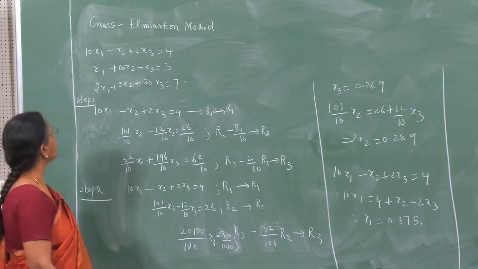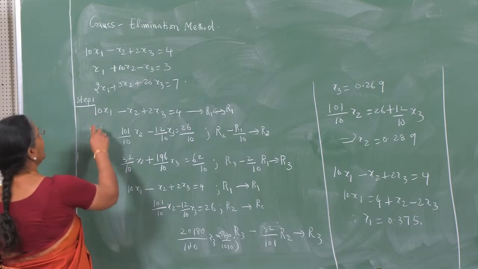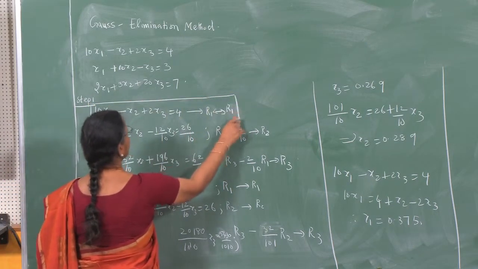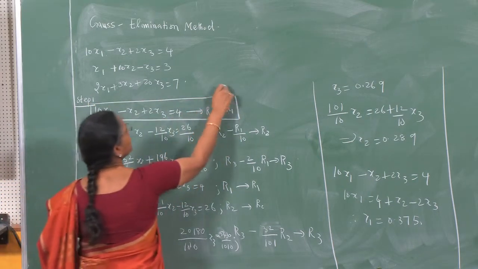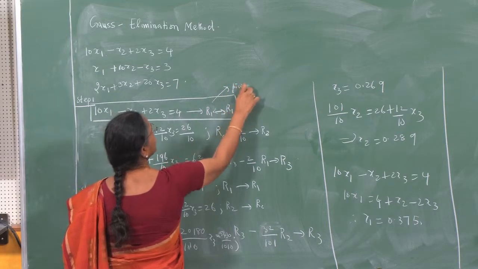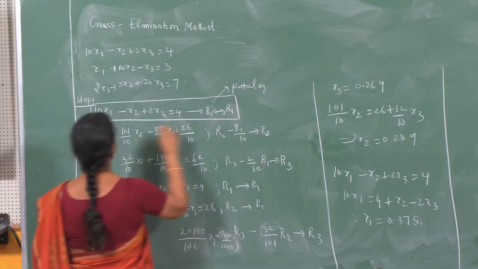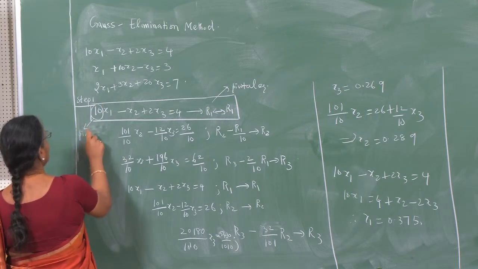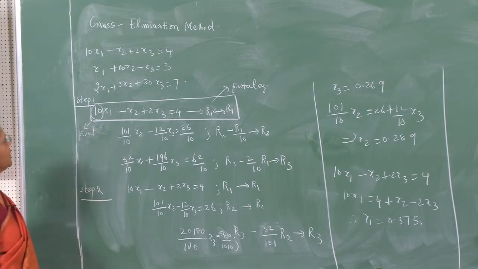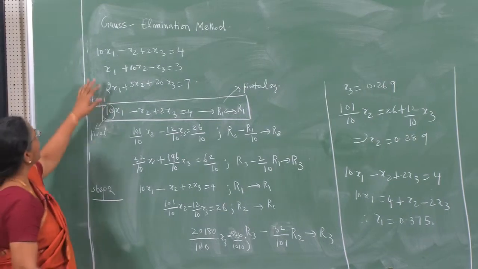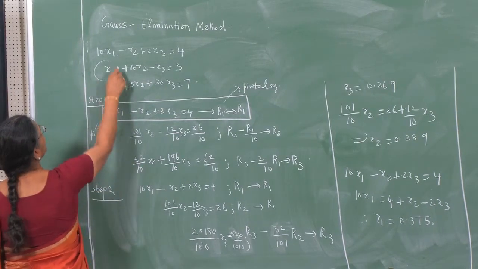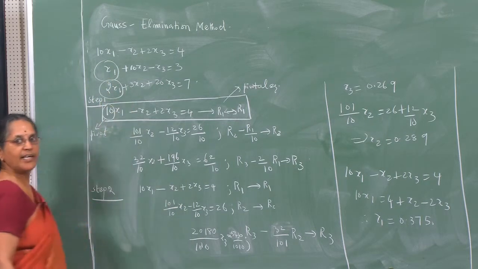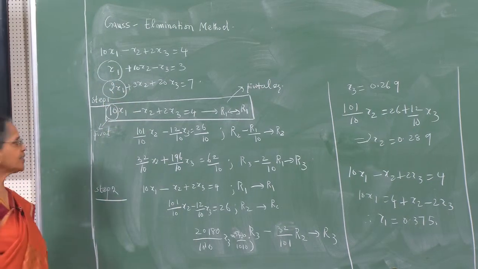So, in step 1, I take the first equation as it is, and that is going to be my pivotal equation at this step, and the coefficient of x1 is the pivot at this step. And now I have to make the coefficient of x1 in the second equation and that of x1 in the third equation zeros.